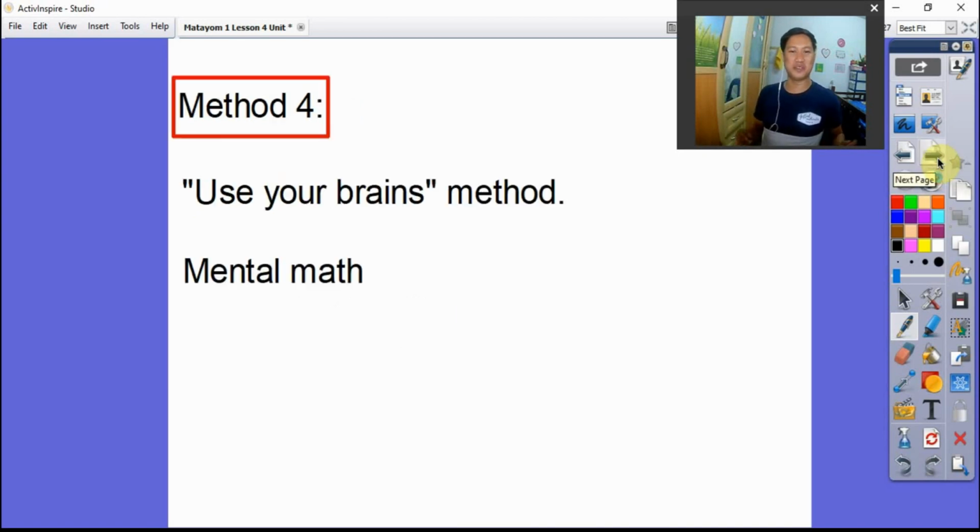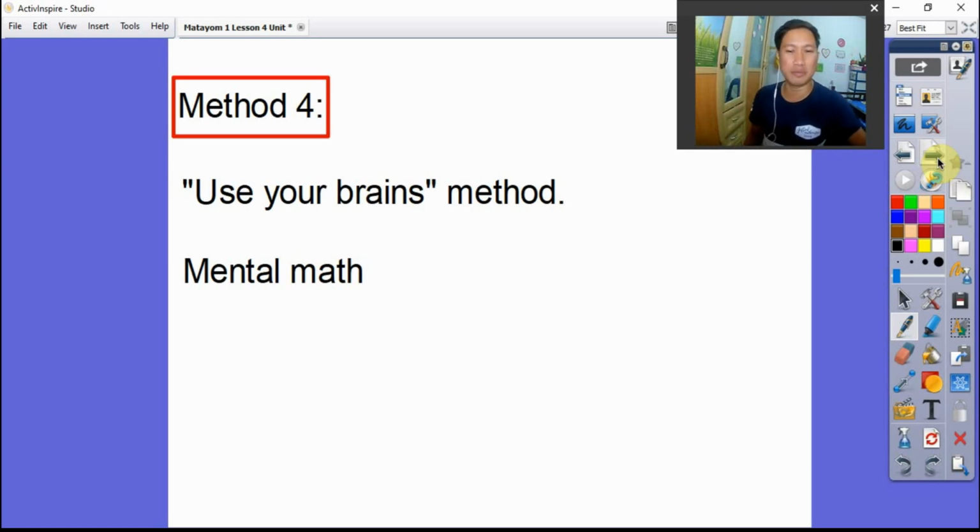And last one, of course, this is funny, but yes, it happens. Teacher David, use your brain's method. What we call mental math. After you get used to adding integers, you're getting used to the pattern or the process of adding or subtracting integers. So some students told me, Teacher David, there's a brain's method. That's really cool.